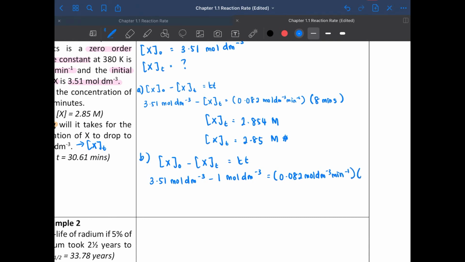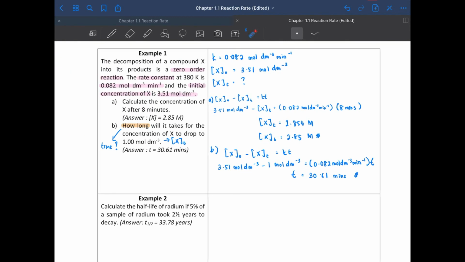T is what we want to find. So t should equal 30.61 minutes. The time taken is in minutes because k is in minutes. So that is our answer for A and B.